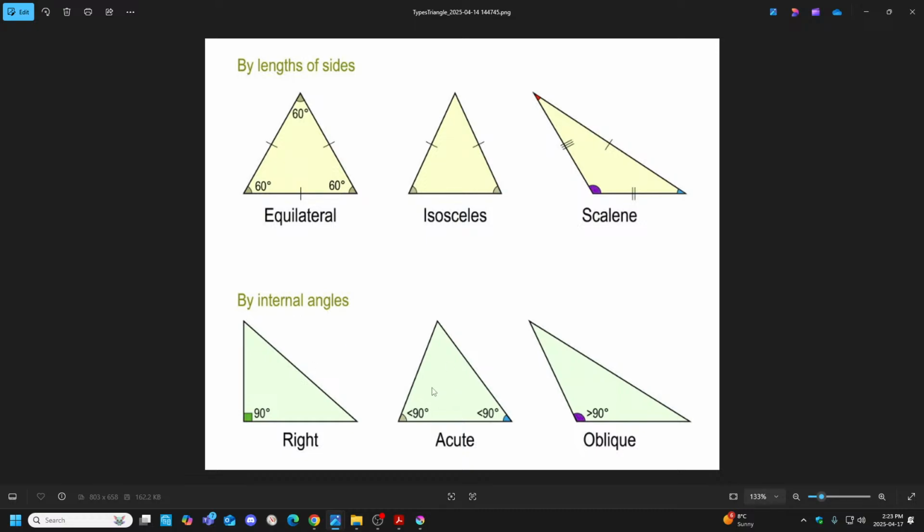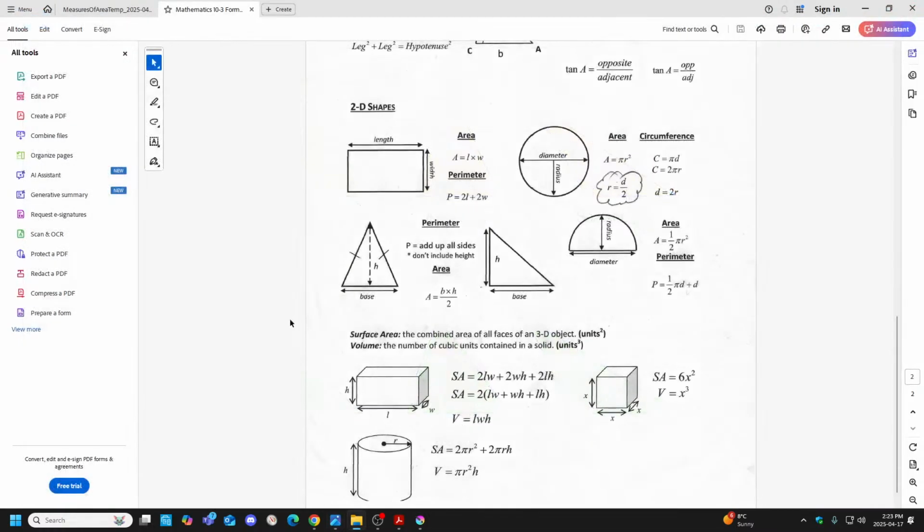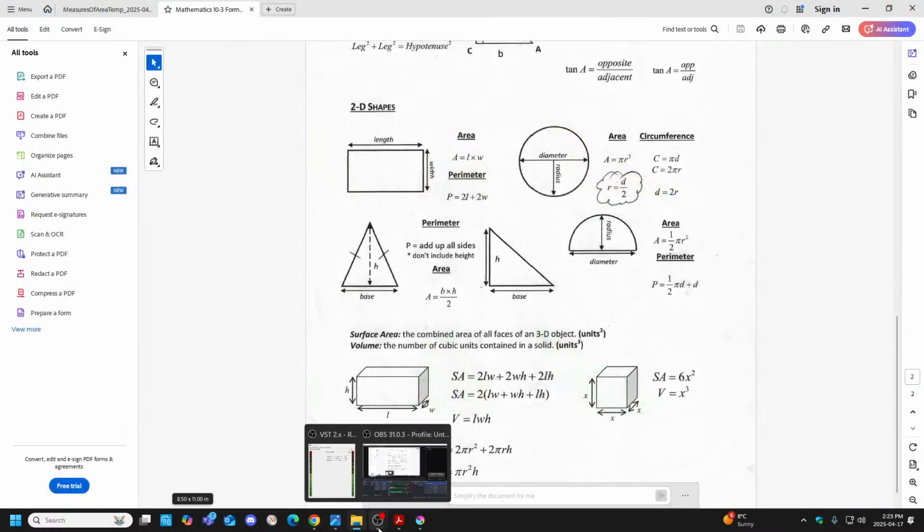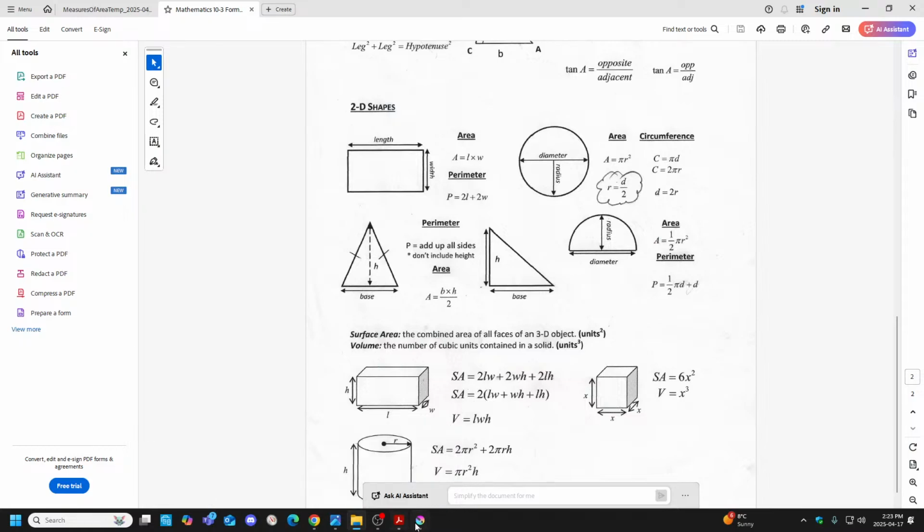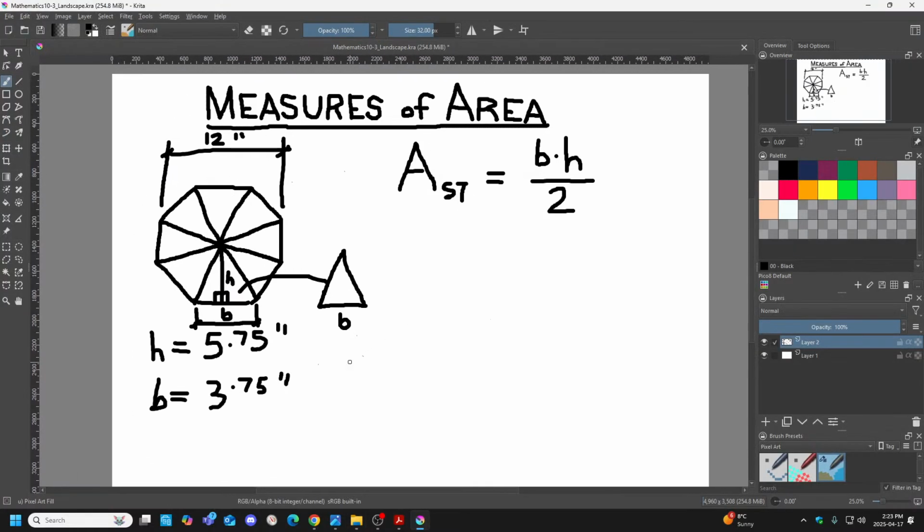I imagine an acute triangle as well. Not 100% certain, but you would have to figure out the height, because you need a vertical height. I imagine that would be given. Okay, let's continue.